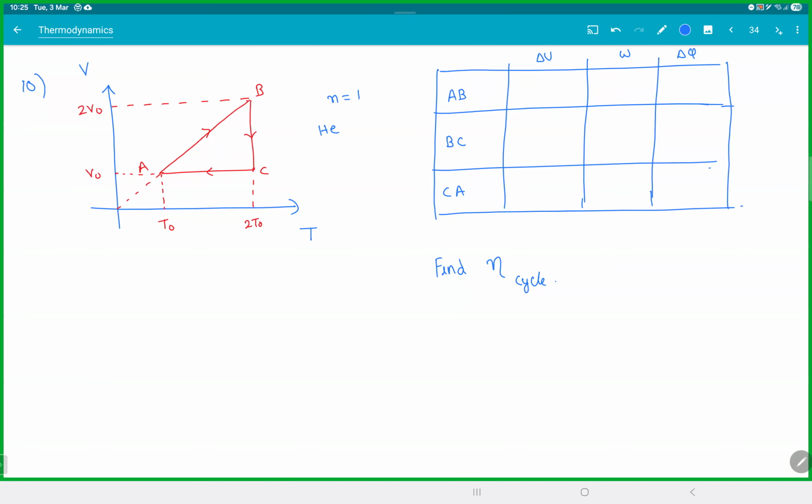Once you get the table, efficiency is the total work done by only the positive heats. The reason why you have to draw a table every time for efficiency is because you don't know which heat is positive and which heat is negative. So if you can figure that out with a table, great.